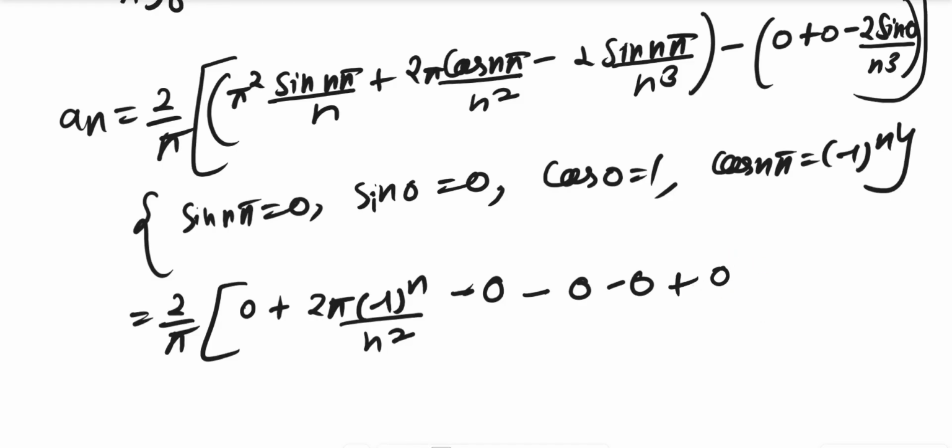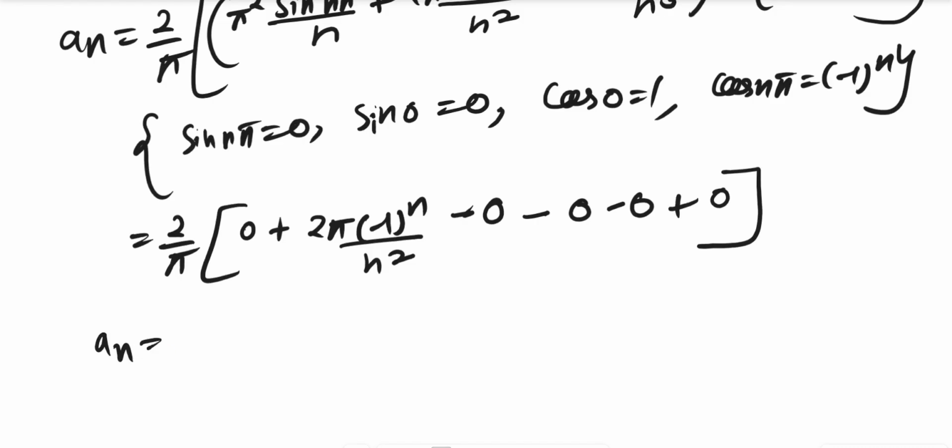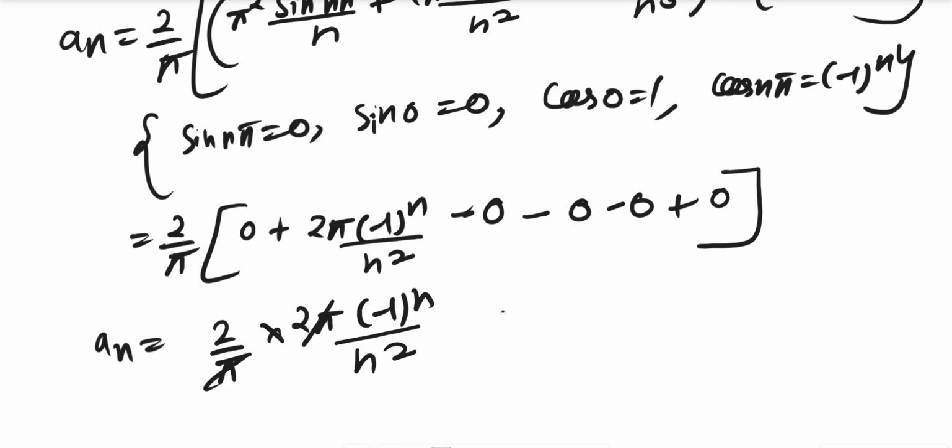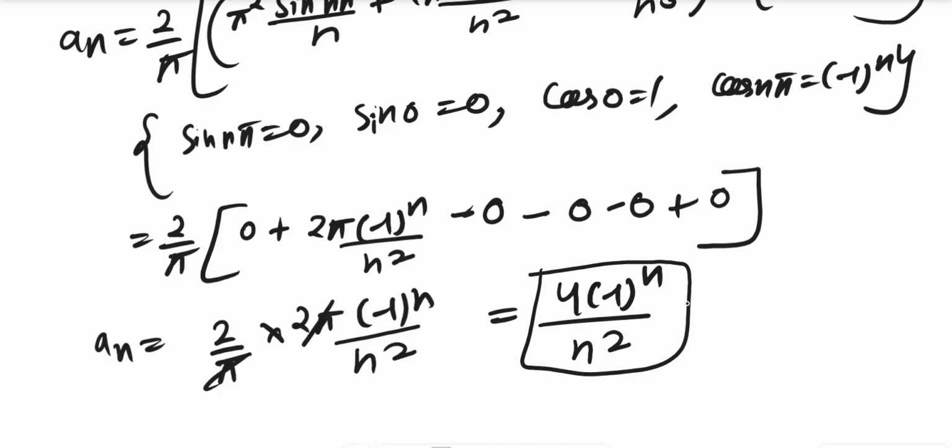It is again 0. So overall, an is equal to 2 upon pi multiply 2 pi minus 1 raised to the power n divided by n square, in which pi cancels with pi. It is 4 minus 1 raised to the power n divided by n square. This is the final value for an.